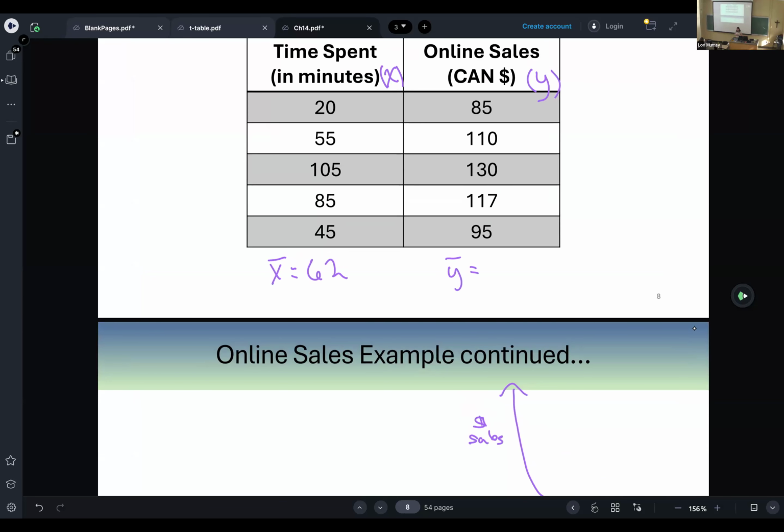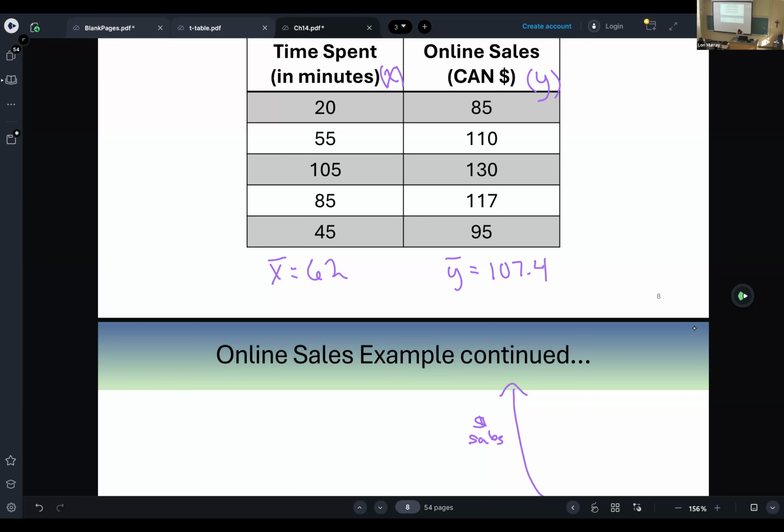Anybody have the average sales? 40 cents? Okay, I'll just do 0.4, but it would be 40 cents. So the average sales, $107.40.